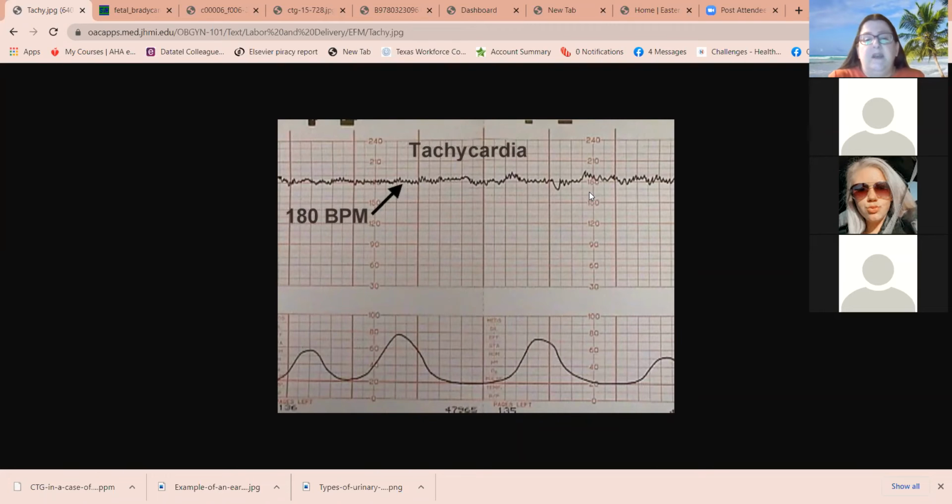I don't see either accels or decels. This is variability. That's just a little notch there. I don't really see accels or decels. I see variability, but no accels or decels. Okay.